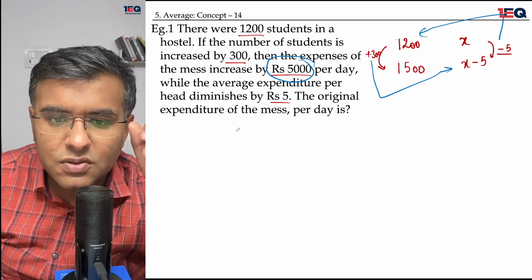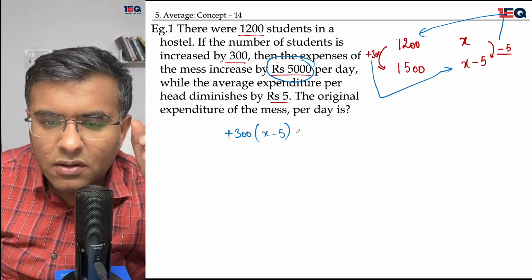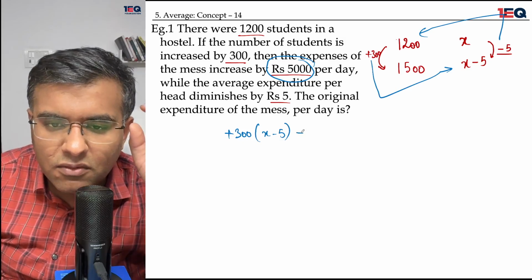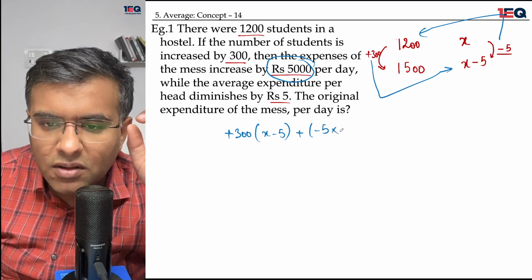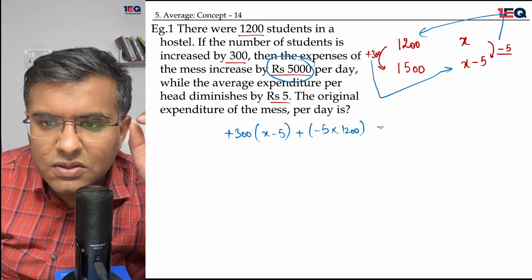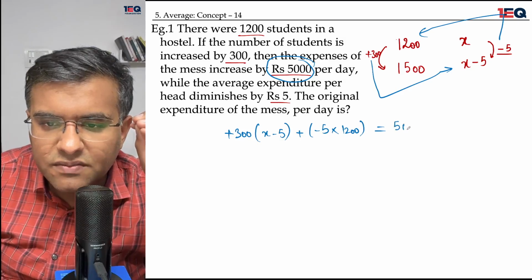Got it? So plus 300 would be multiplied by x minus 5. It would be added with minus 5 being multiplied by 1200, and this all would come up to form 5000 rupees.